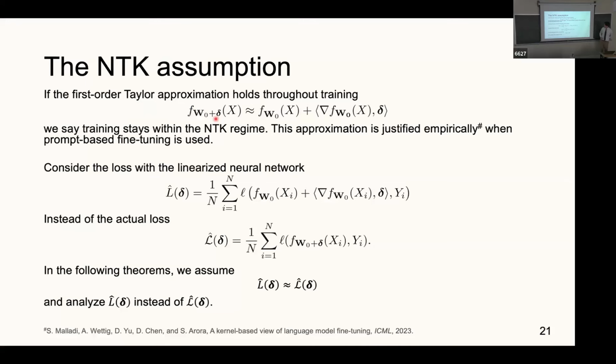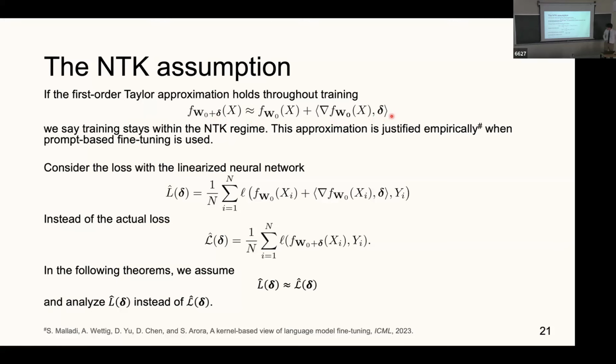Our assumption in this work is that the first-order Taylor expansion is sufficient, and the second-order terms do not really contribute. Now, is this claim true? The claim that the second-order terms are not important is something that we do not attempt to analyze mathematically or theoretically, and I have no idea how to justify that. But the fact that delta is indeed small and that the first-order Taylor expansion is sufficient has empirical evidence from prior work.